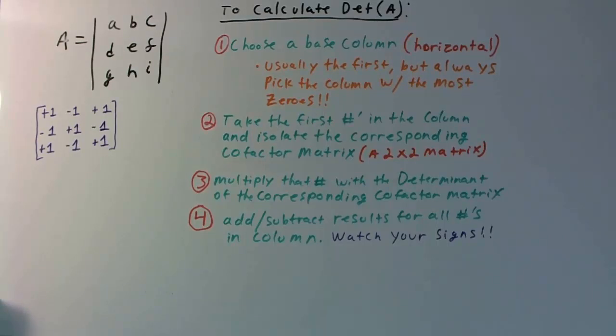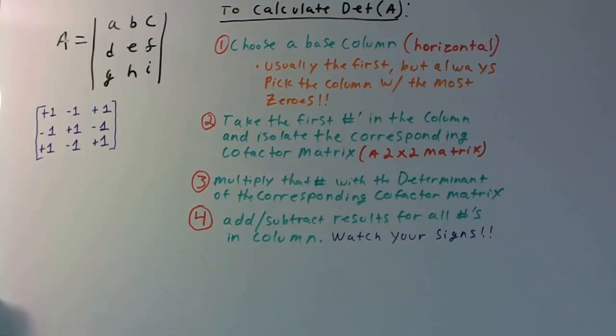So the second step is to take the first number in the column. For example, we'll take the first number in the first column, which would be A in this case, and we isolate the corresponding cofactor matrix. In order to do this, you recognize that the first number in the first column is actually contained in the first column and the first row, right?